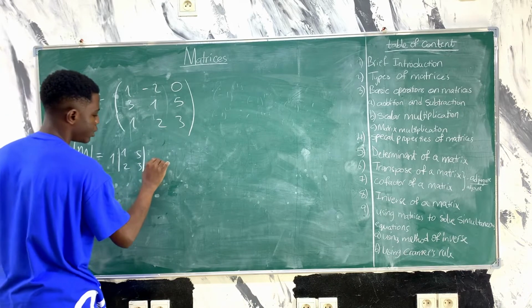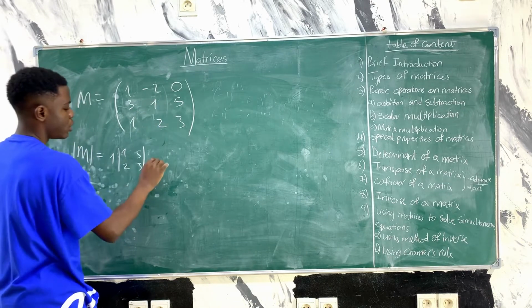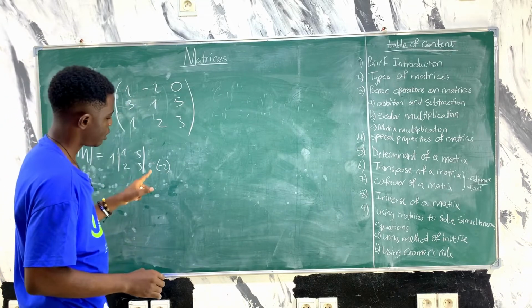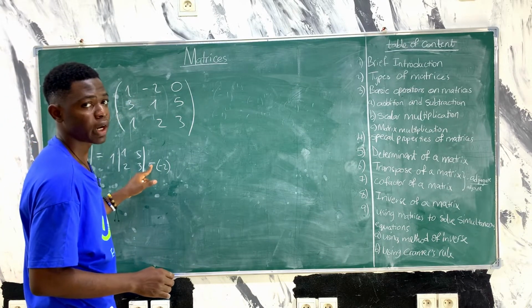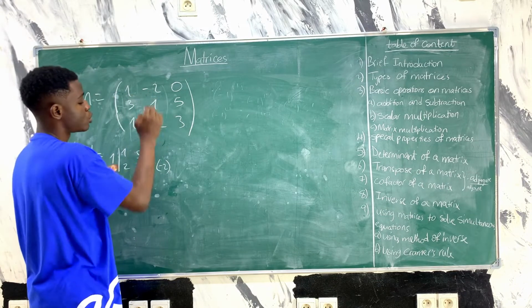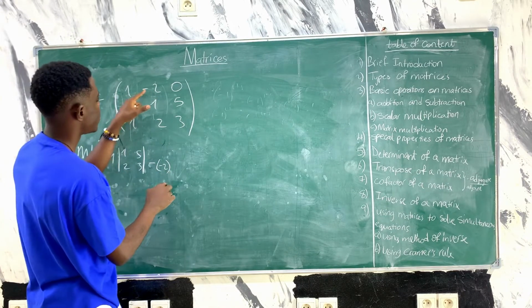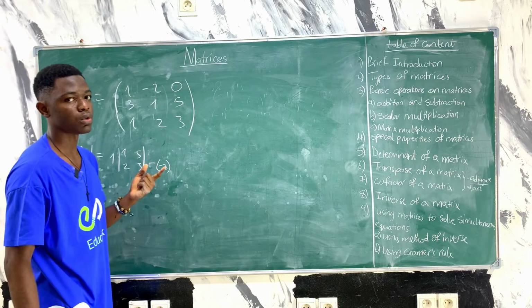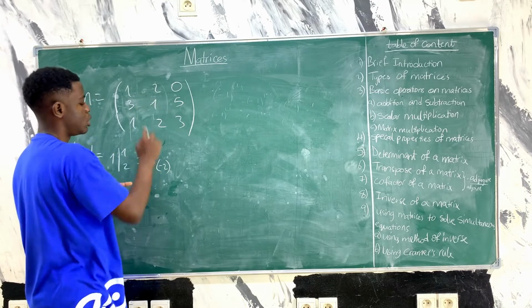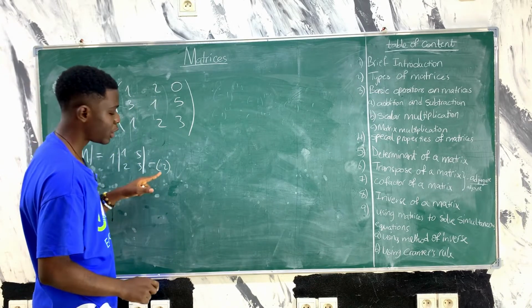Then minus, we have minus 2. This minus here is not included in our minus that is here. The sign is normally minus, so you put your minus, then you look at what is here. I have a minus 2, so you write your minus 2. Don't say because there's a minus here, you are writing 1 minus. Don't. You have to write minus minus, because if it was plus, it would have been minus 2.